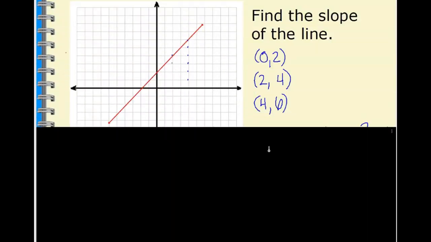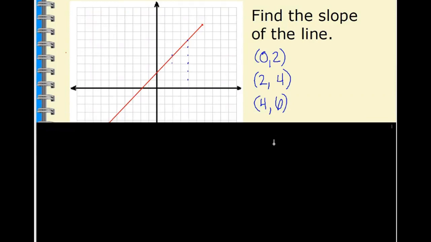So here, we're going to find the slope of this line here. All right. What will we do first here to find the slope of a line here? What do I need to get in order to have the slope of a line? Dawn, what do you think?